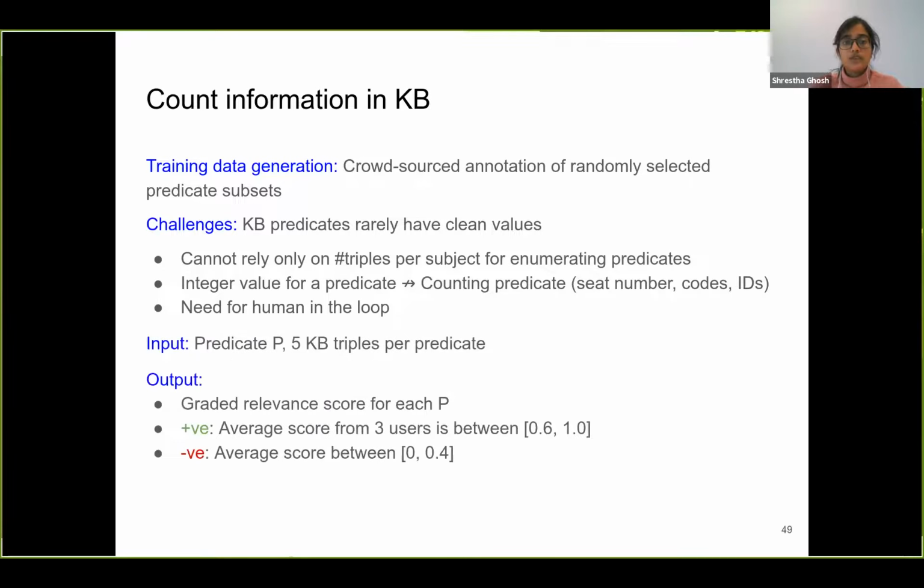So the task here is to present to the crowdsourced worker a predicate and 5 examples of how these predicates are used.